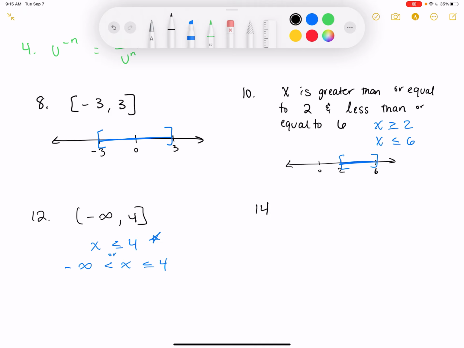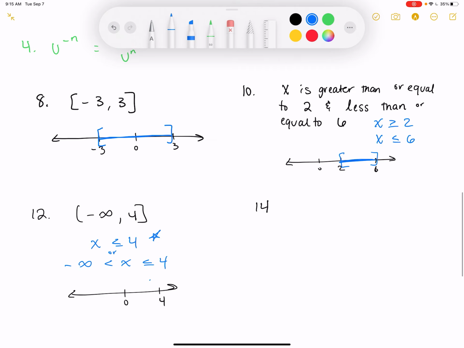Yeah, if I were to graph this one, I would have something like this. Okay, that's what I did, I was just making sure. Yeah, that would just keep going.